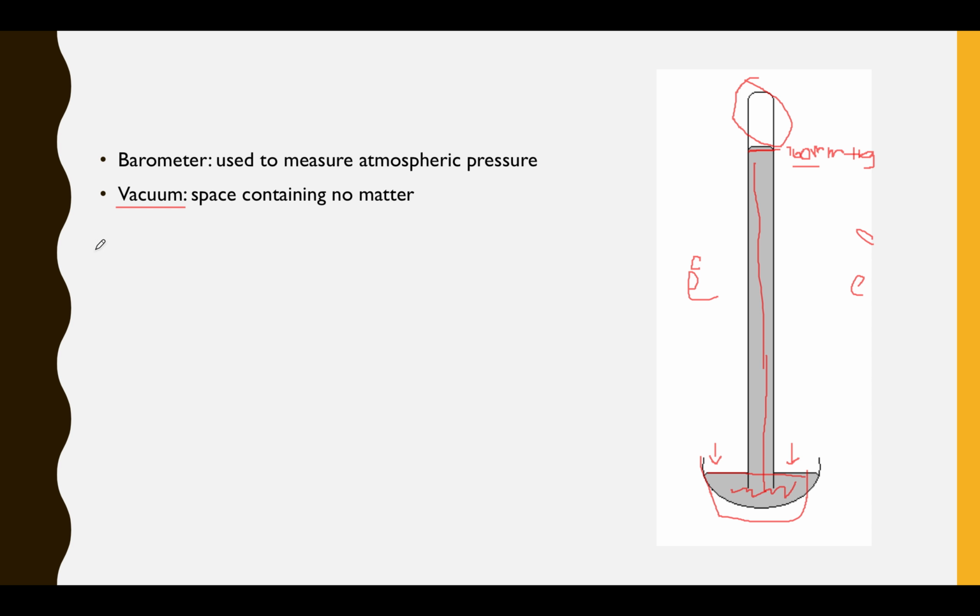So remember that 760 millimeters of mercury is standard pressure, and I am going to use SP to represent standard pressure.